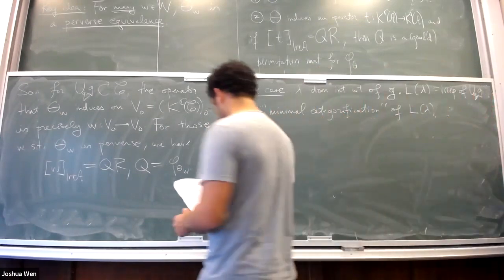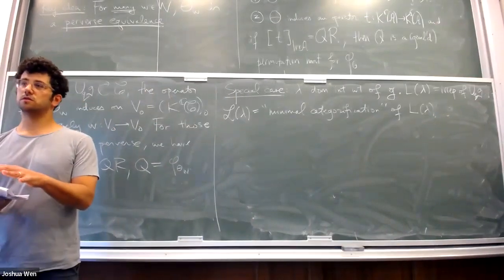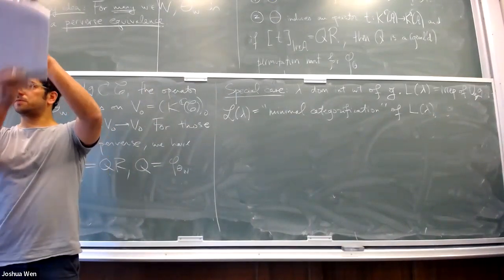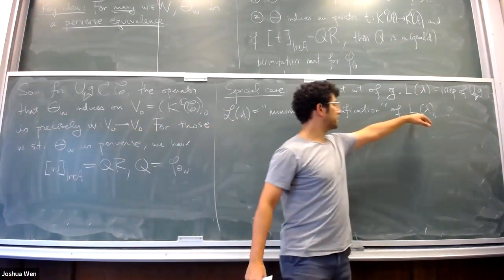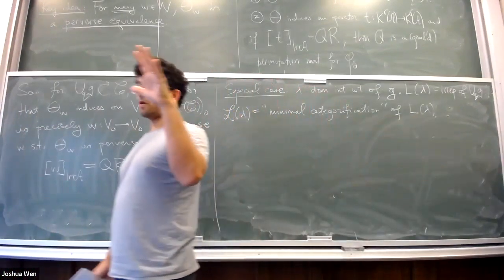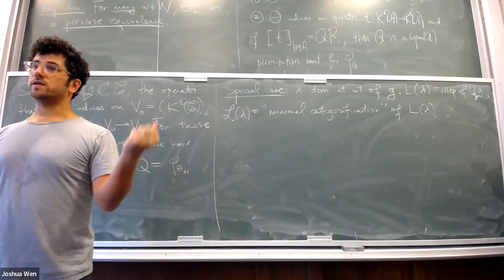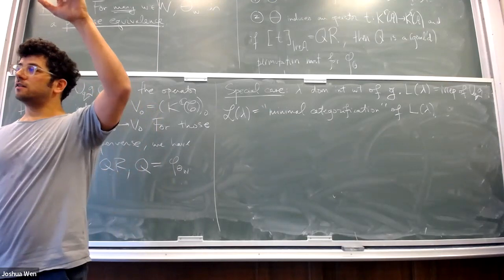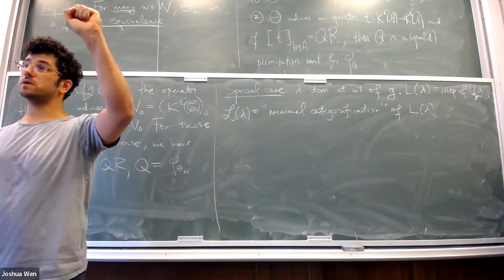Remember, when you have a categorical representation, it has a decomposition into these weight categories. So when I say categorification of L lambda, I just mean that the representation we get in the Grothendieck group is precisely this irreducible representation. When I say minimal, I mean that the piece of the category that corresponds to the highest weight of the representation is just a copy of vector spaces.